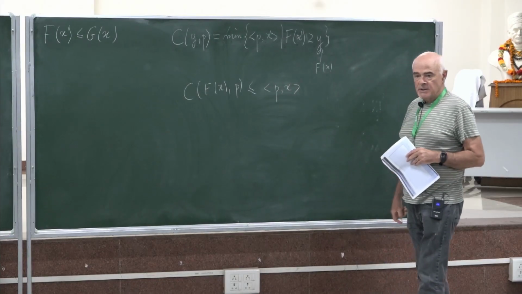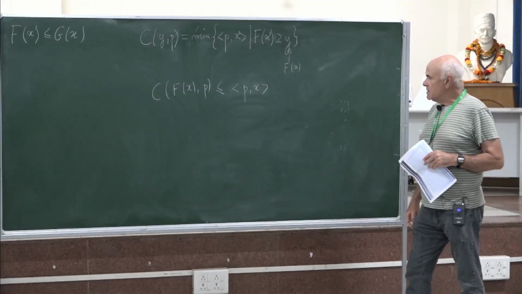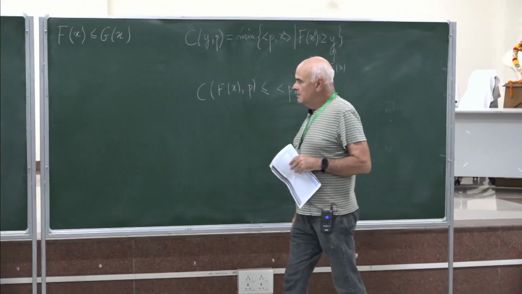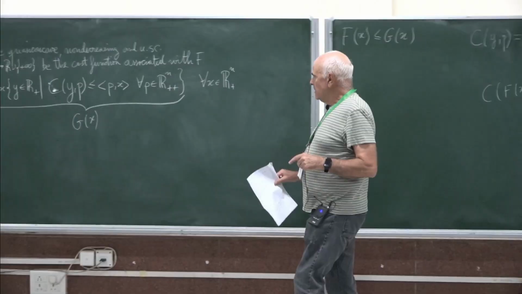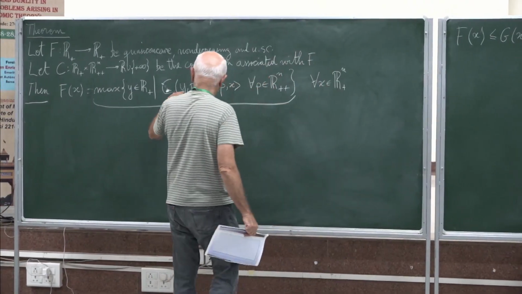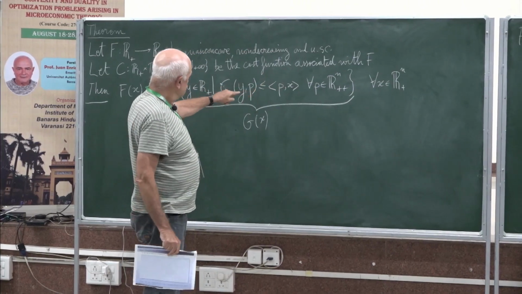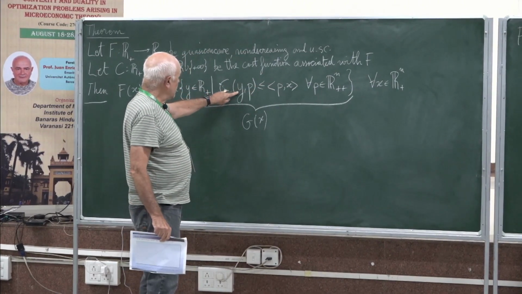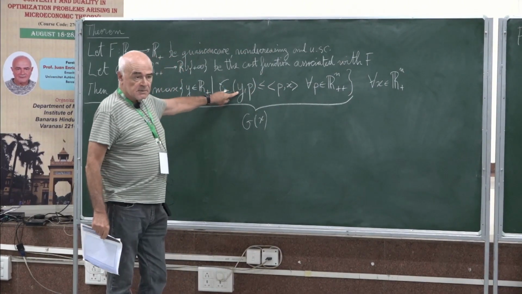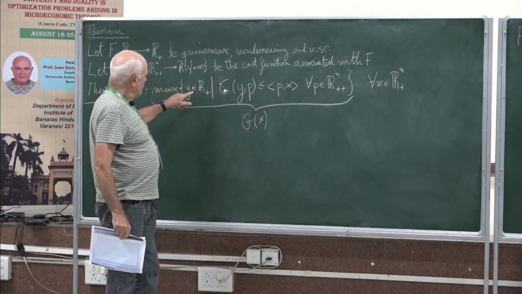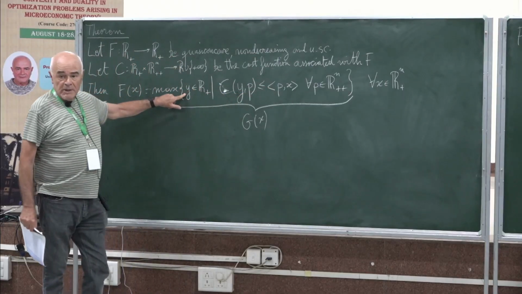So we have this inequality, and this means that we have this inequality for f of x for every p, then f of x is one of these y's.